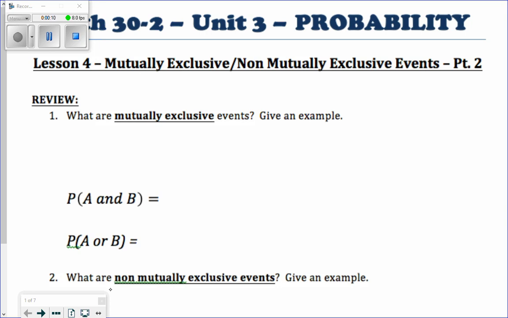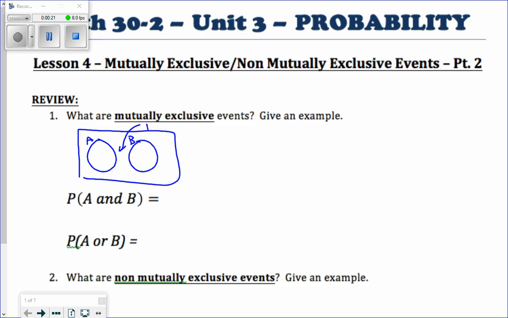Okay, so mutually exclusive events. So these are events. You've got event A and event B, and there is no overlap. So A and B is 0 because there's no overlap.